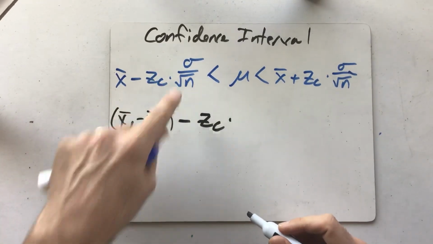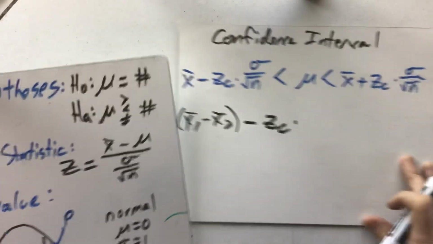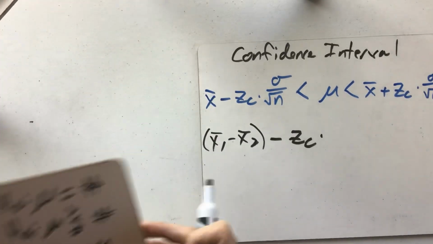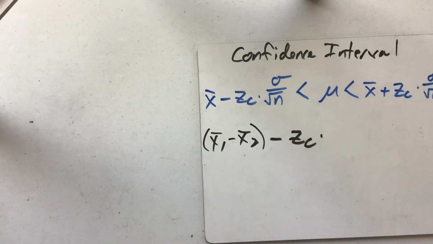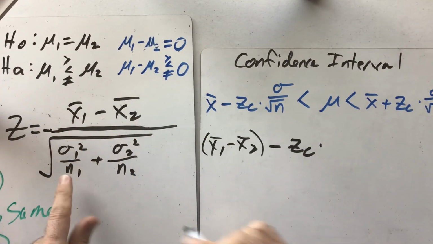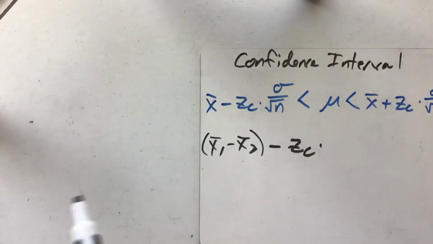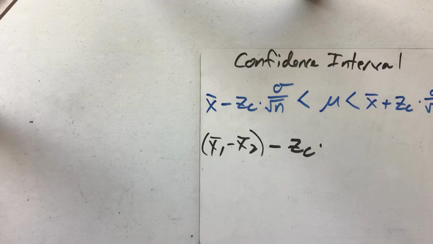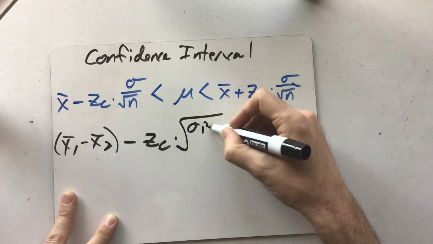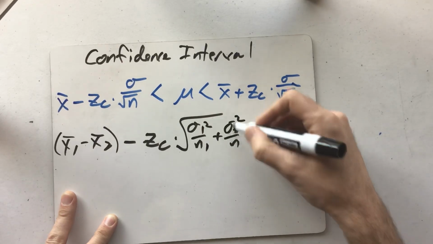And now the sigma, instead of sigma over square root of n, we switched for this monstrosity, and that's what we're going to have for that square root part. So I have ZC times the square root of sigma 1 squared over n1 plus sigma 2 squared over n2.